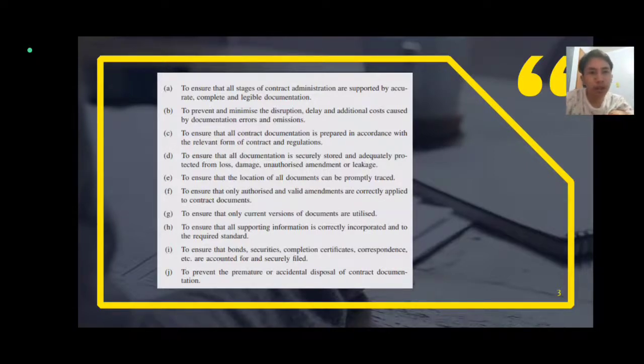I, to ensure that bonds, securities, completion certificates, correspondence, etc. are accounted for and securely filed. J, to prevent the premature or accidental disposal of contract documentation.